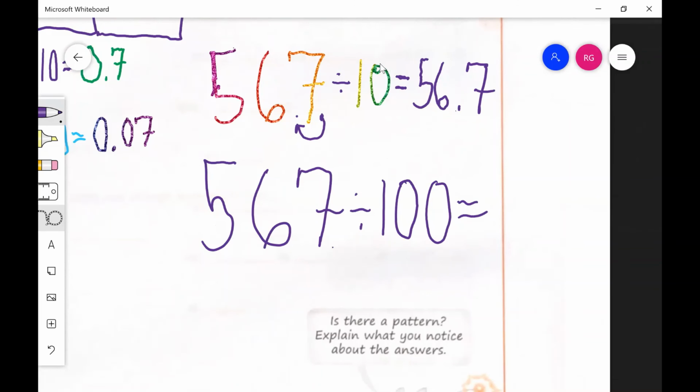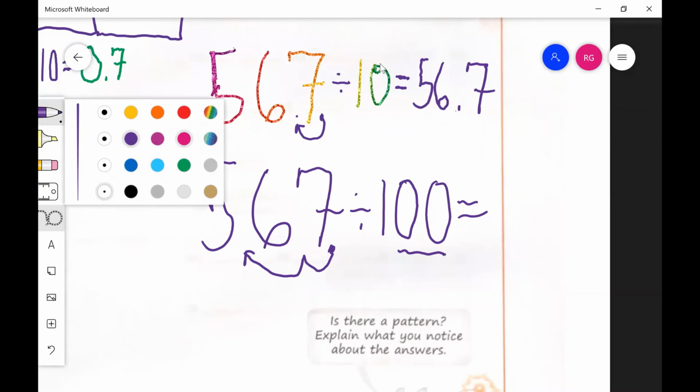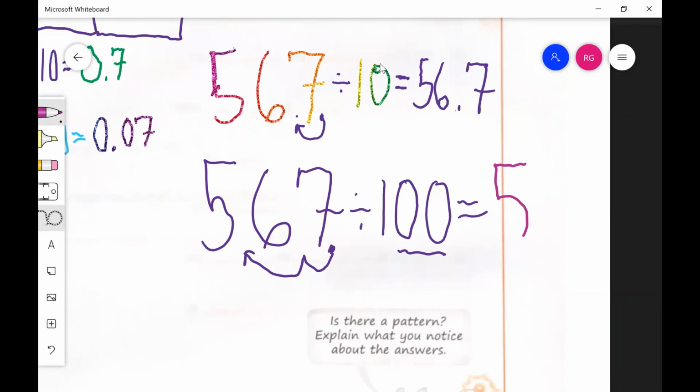We move the decimal how many places this time? Since it's 100, we need to move it 2 places to the left. You said it perfectly, Tianming. Equals 5.67. Yes, the answer is 5.67.